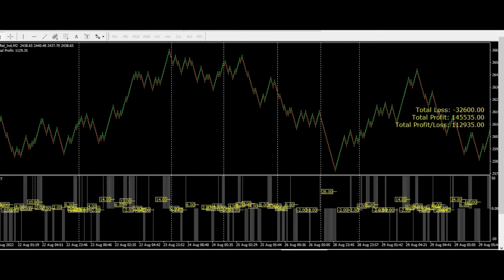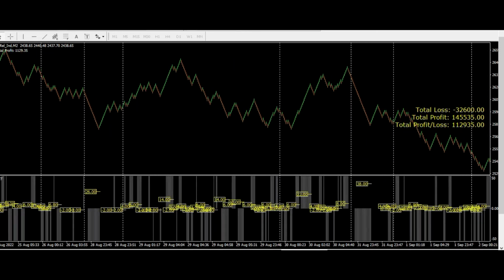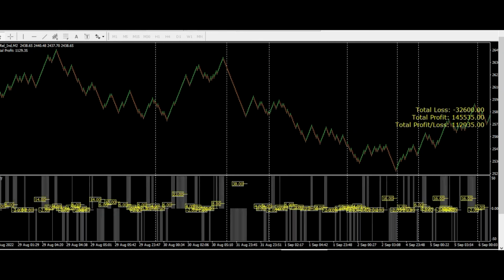On the right hand side of the chart, you can see calculated losses, profits and total.